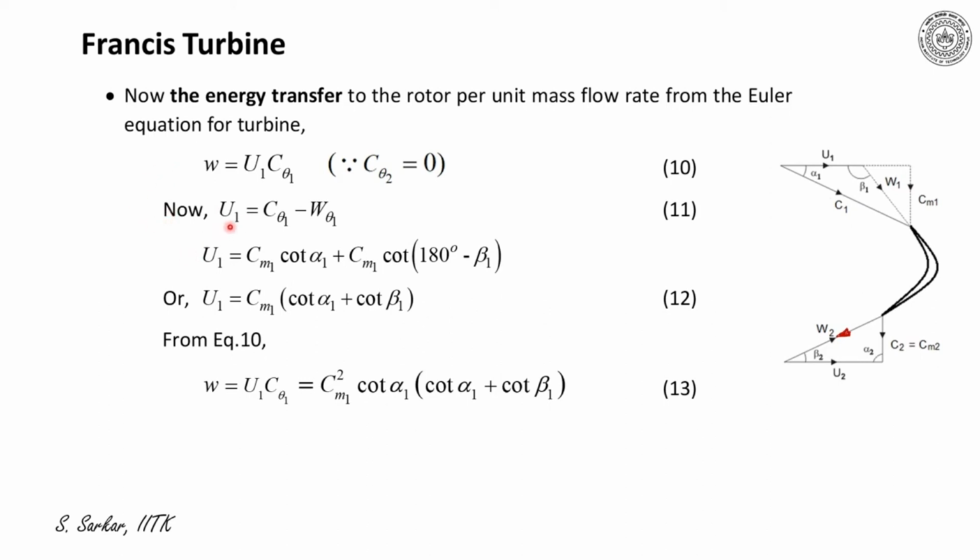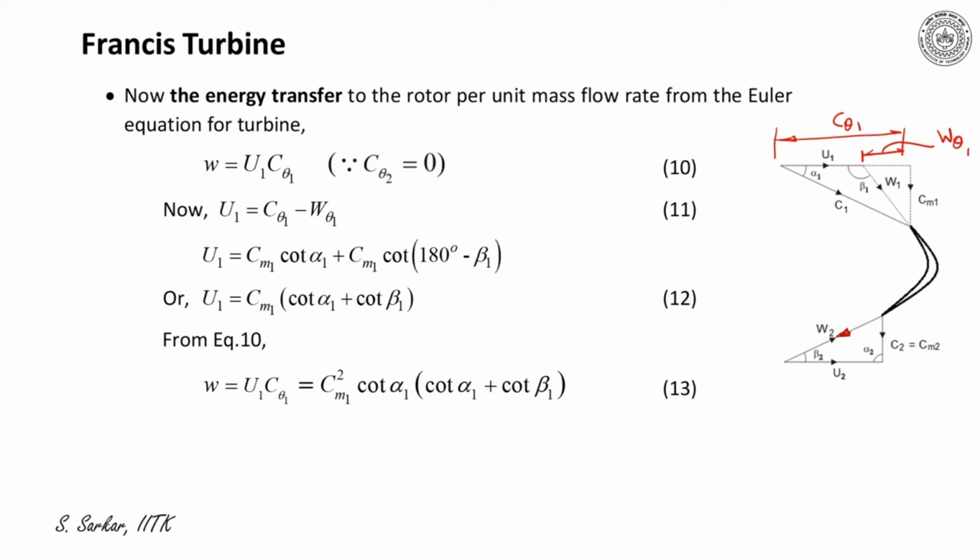Furthermore, U1 can be given by C theta 1 minus W theta 1. If you note, this is C theta 1 and this length indicates W theta 1.